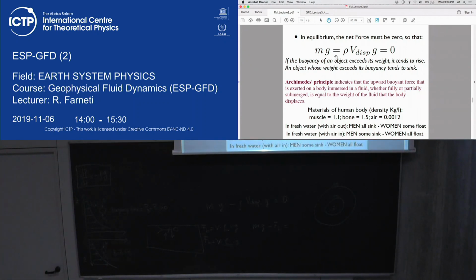Same buoyancy force, same volume for men and women. Two persons have the same volume, but their composition is different, so their specific weight is different. So men usually tend to sink, and women tend to float in a swimming pool.